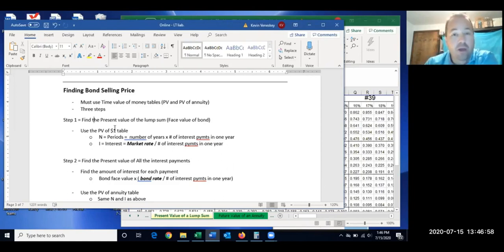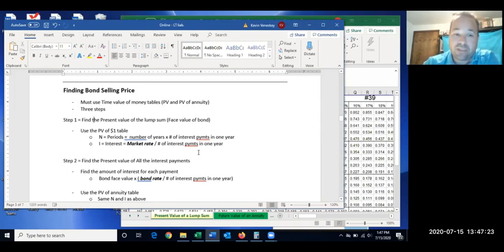If I give them $100 of interest this year and another 100 at the end of this year and then another 100 all the way for 10 more times, all those hundreds aren't the same value, because $100 3 years from now is not the same as getting 100 today, because you can earn interest with that. And that's what the time value of money tables are going to be used for.